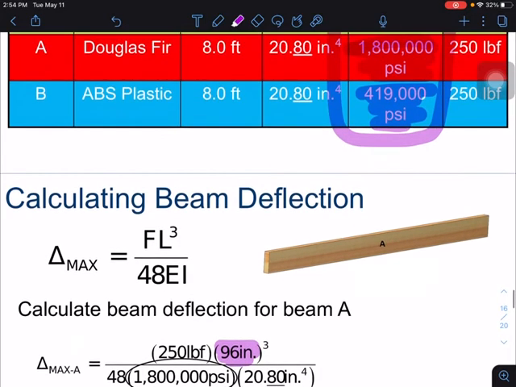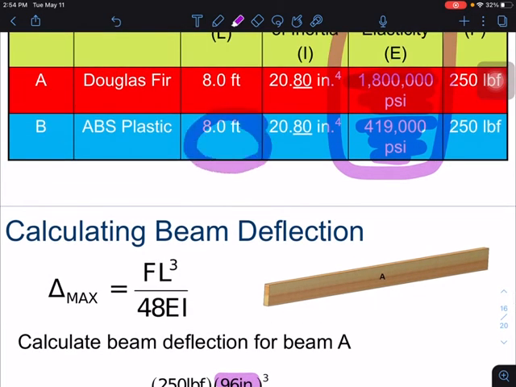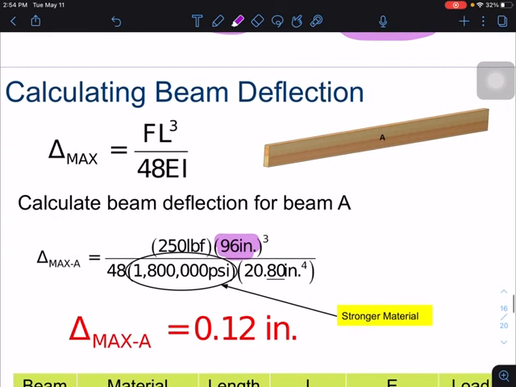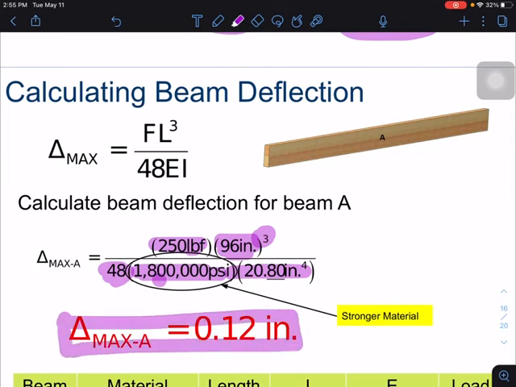Remember, it was 8 feet up here. 8 times 12 inches per foot gives us 96. We cube that: 96 cubed times the force, 250 pounds, divided by 48 times 1,800,000 PSI times the moment of inertia, 20.8 inches to the fourth. That gives us a maximum deflection of 0.12 inches.